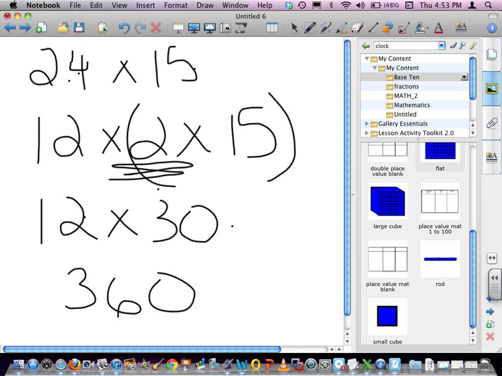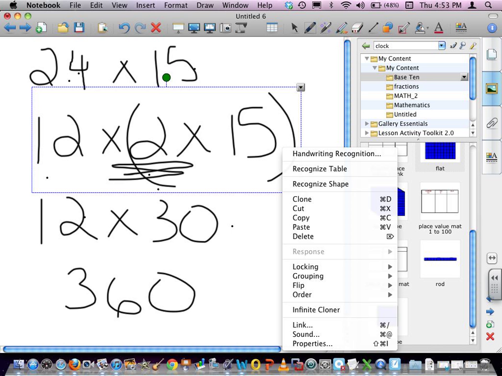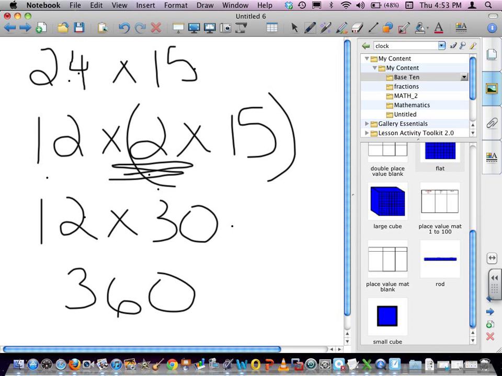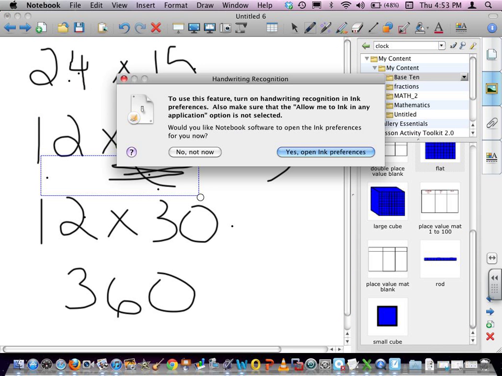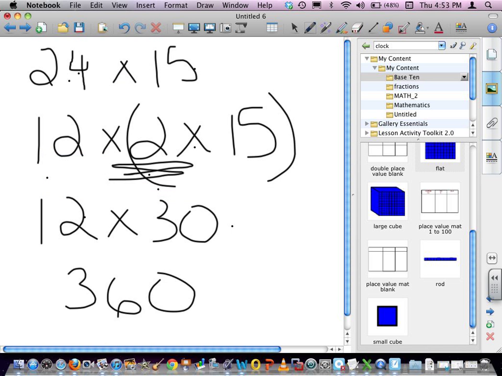If I have 12 times 2 times 15, it doesn't matter if I do 12 times 2 first or if I do 2 times 15 first, I'm still going to get the same answer, right? So I can take a factor of 2 out of one, divide it by 2, and take that 2 and multiply it by the other one. And so 24 times 15 is the same as 12 times 30, and that's as easy as 12 times 3 times 10. And that makes you happy, doesn't it?